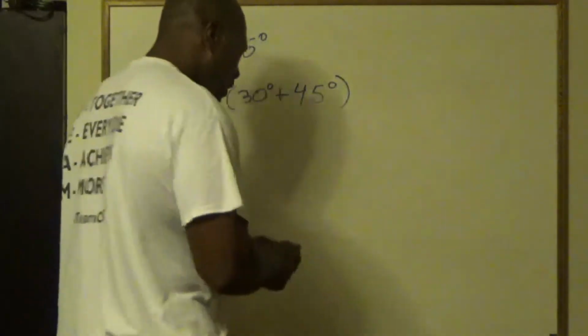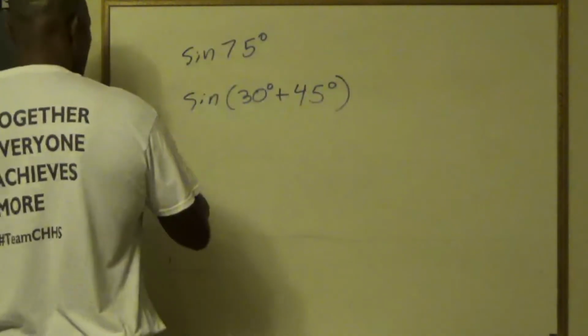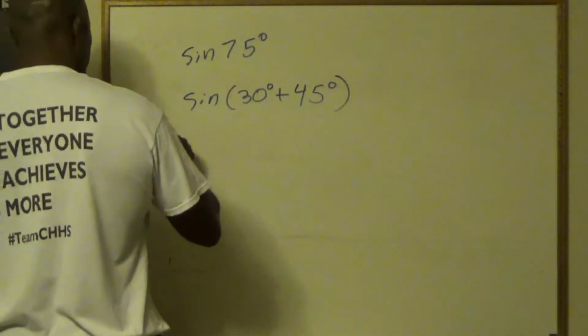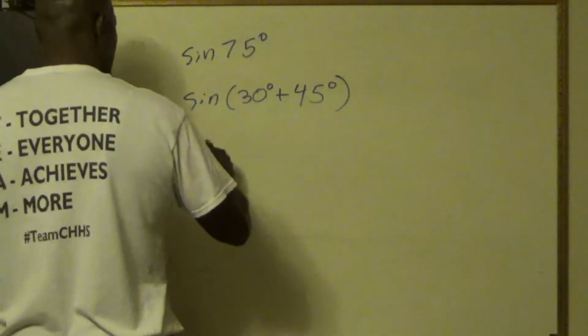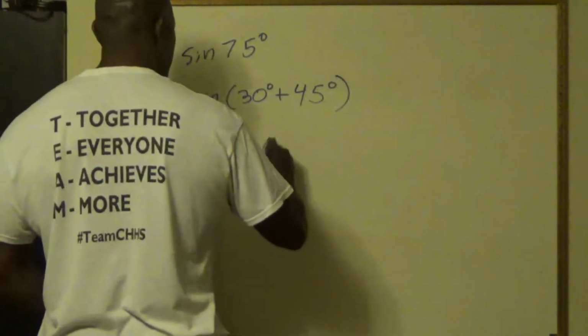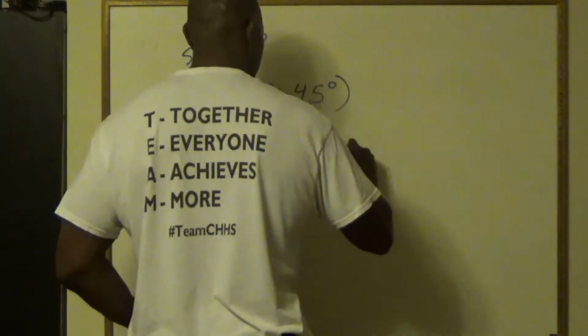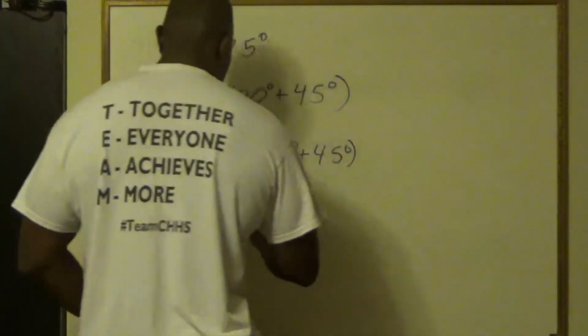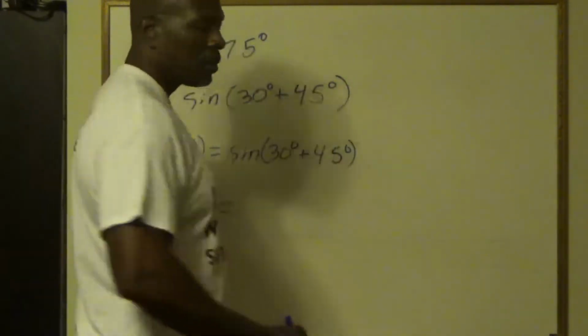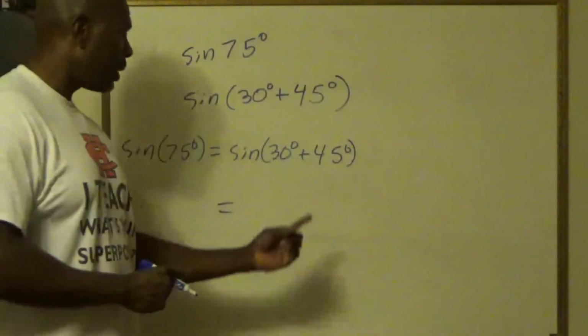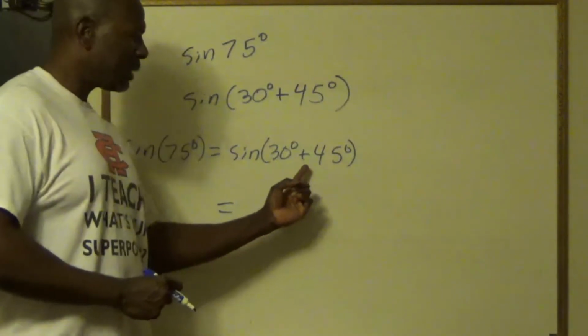So based off the formula, the sine of 75 is equal to the sine of 30 plus 45, which equals, so remember your formula, this is the sine of u plus v.